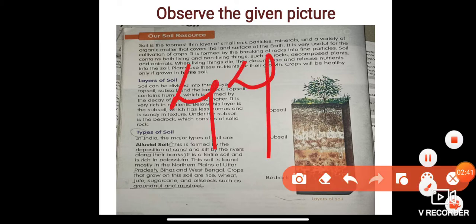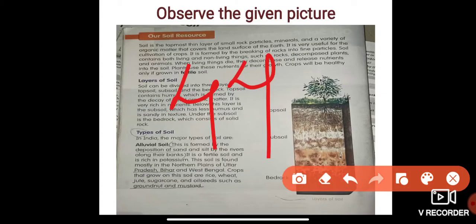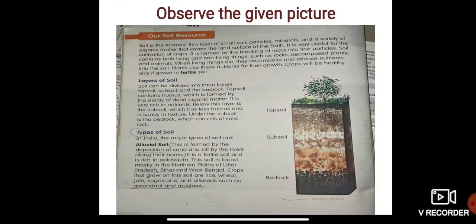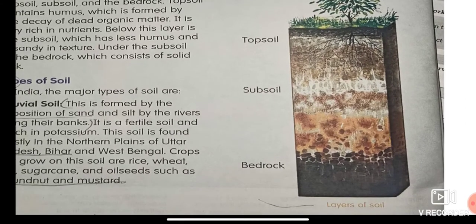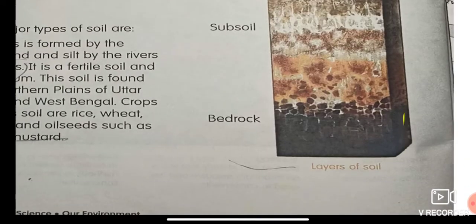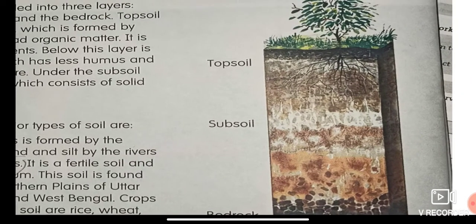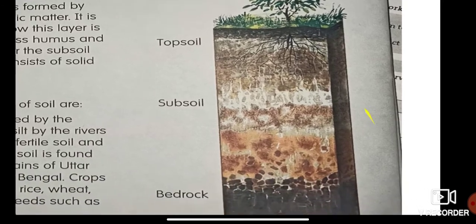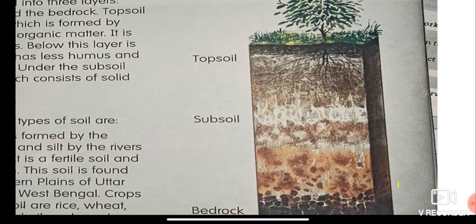Now please observe this particular picture. Layers of soil. So this is called layers of soil.